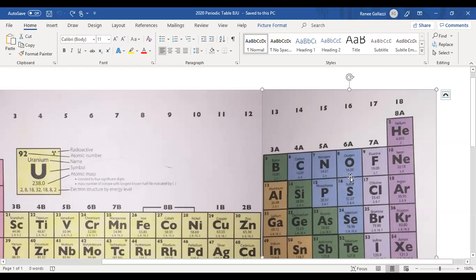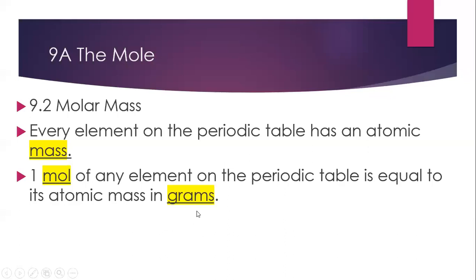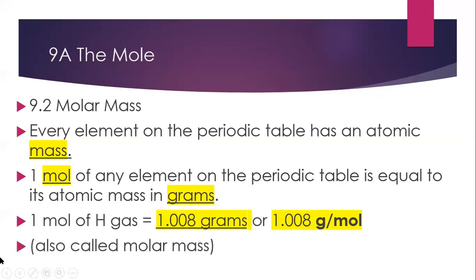Oxygen, 1 mole, 16.00 grams of oxygen. So you can actually measure out in the real world where you see something, feel something, measure something tangibly, and know how many molecules are in there and how many atoms and grams are in there, okay? So 1 mole of anything equals its grams. 1 mole of anything equals Avogadro's number, 6.022 times 10 to the 23rd. So if I had 1 mole of hydrogen gas, I'd have 1.008 grams or 1.008 grams per mole, also called molar mass.